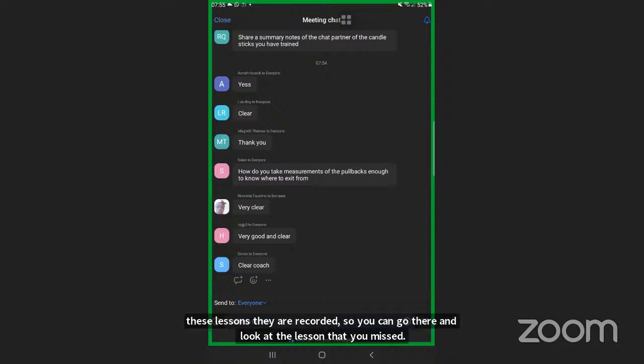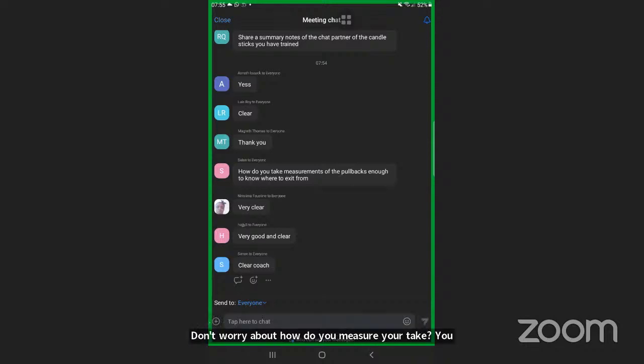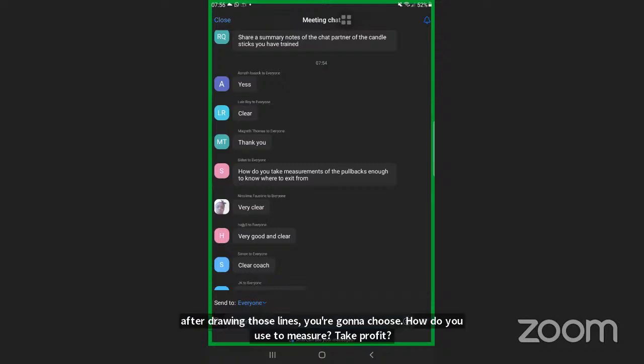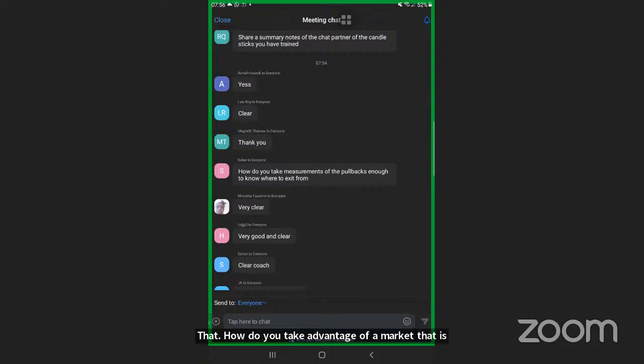Don't worry about how you measure your take profit. The lesson is coming. After drawing those lines, you're going to learn the tools you use to measure take profit and how you put your margin call drops. But I wanted you to know how you take advantage of a market that is going down, and of a market that is going up.